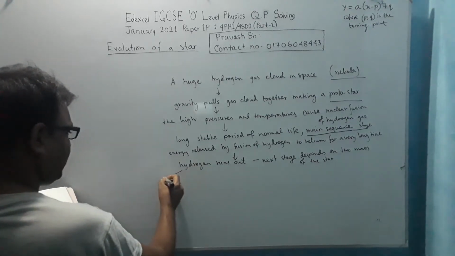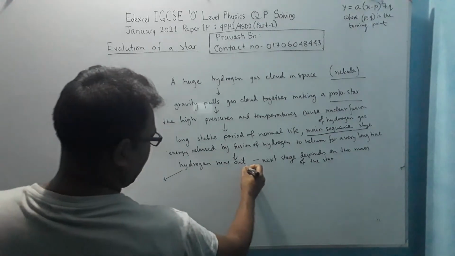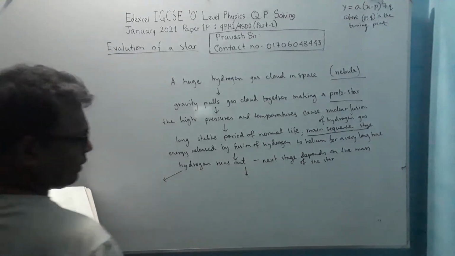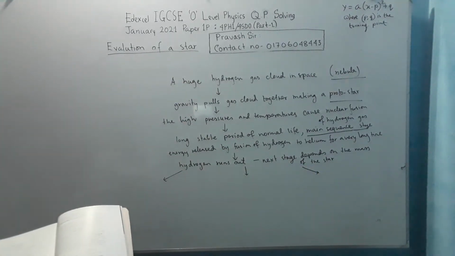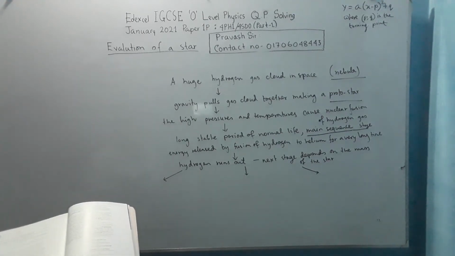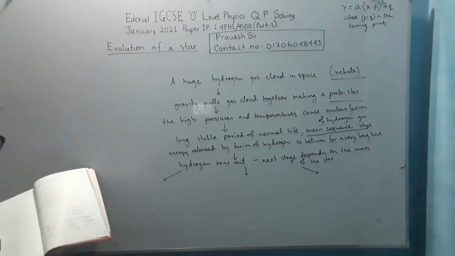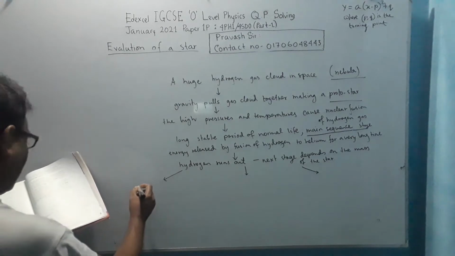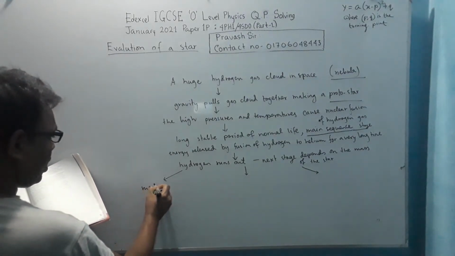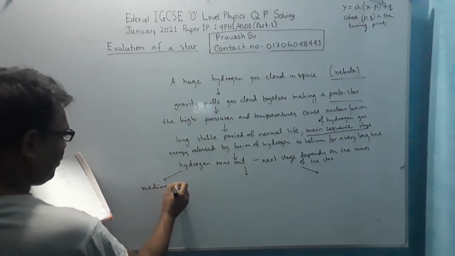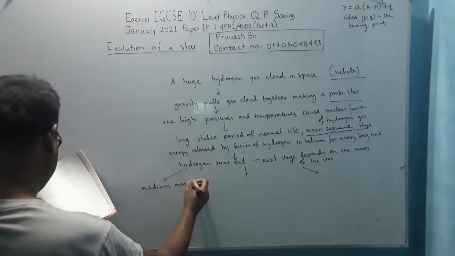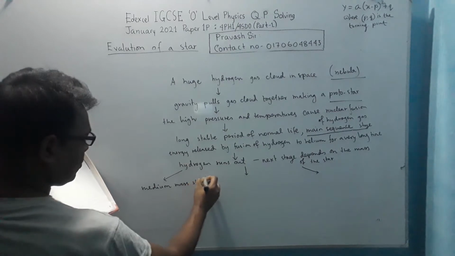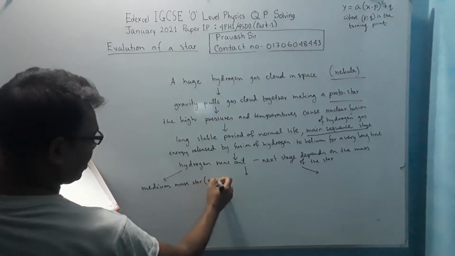So here we'll talk about the mass of a star. First is the medium mass star. We have to talk about what happens to a medium mass star like the Sun. Example: the Sun.